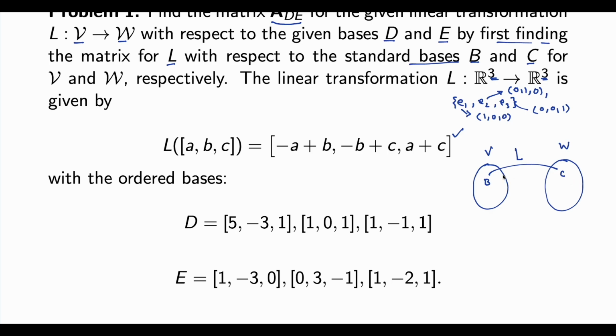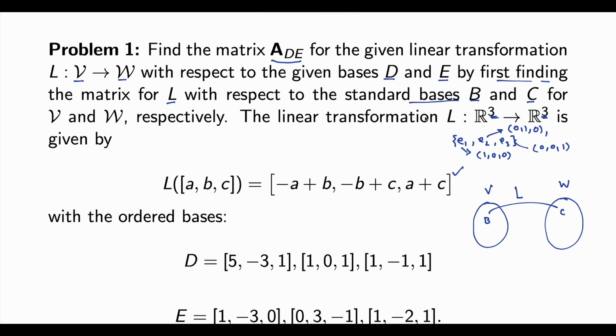So first they are saying to find the matrix of transformation A_DE for the given bases D and E, by first finding the matrix of L with respect to the standard bases B to C. So A_BC we have to use the standard basis.